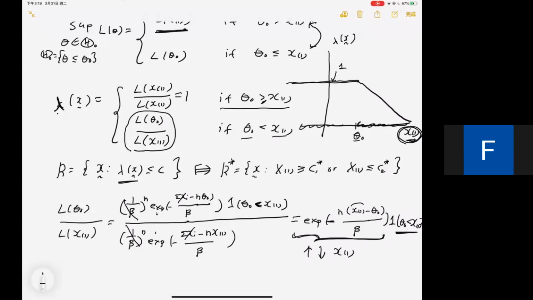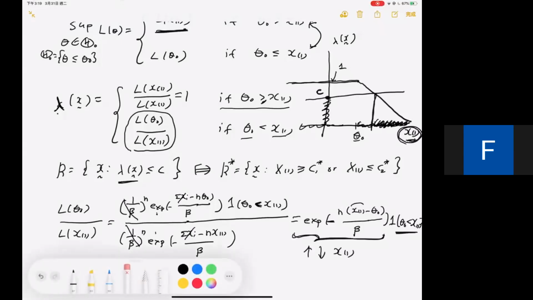You do need to know that. And then it already told me that you need to find something smaller than c right here. And the equivalent in terms of x1 means you don't have smaller. You only would have bigger than some cutoff.